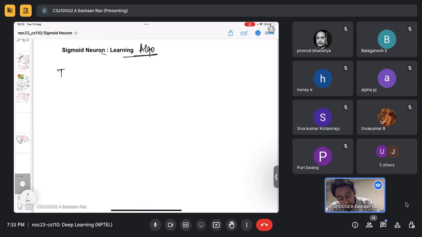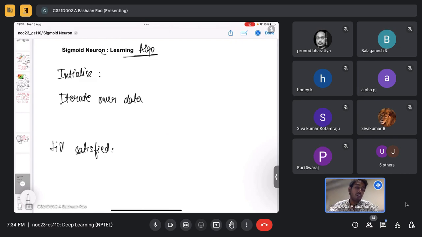I think you have already seen that in the lectures. There is something called initialize, iterate over data, and satisfy. This is the template for any learning algorithm. Initialize will be the parameters.